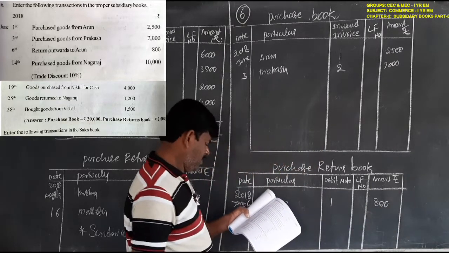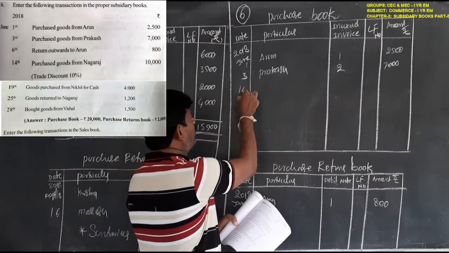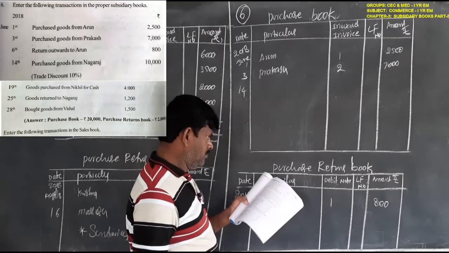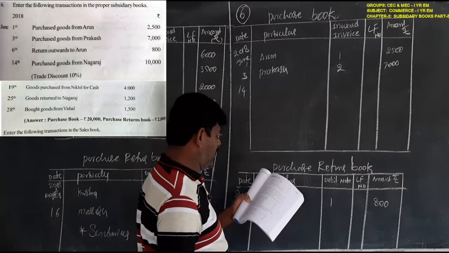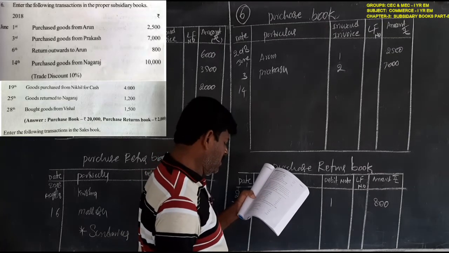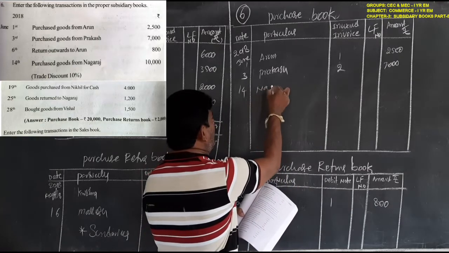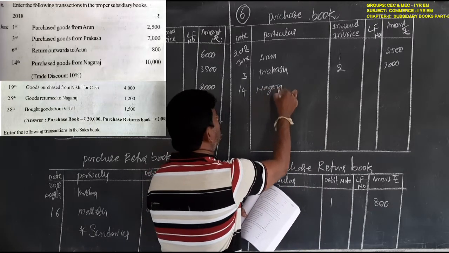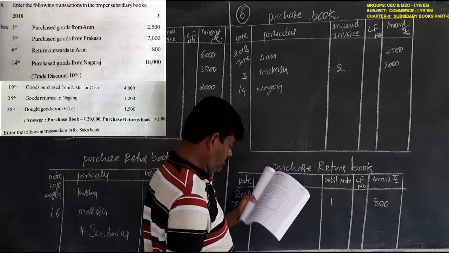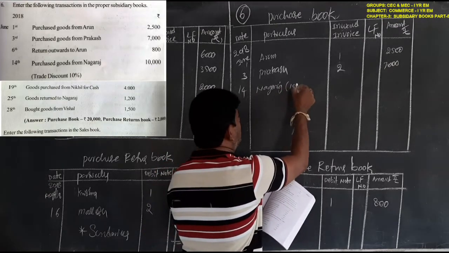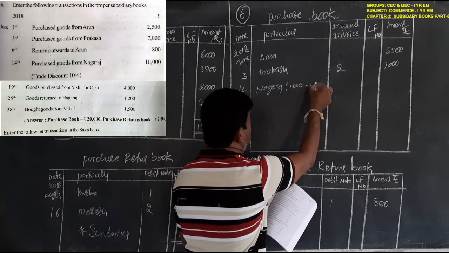Next, 14th date, purchase goods from Nagaraju. There will be a trade discount. The trade discount will be deducted from the amount. So, Nagaraju, amount is 10,000 rupees total amount minus 1,000 rupees.